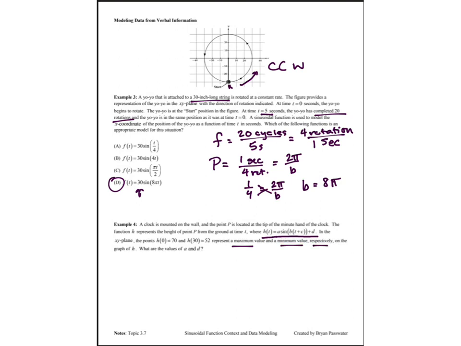Okay, so I want to sketch that out here. I want to have a value at H of 0, comma 70. Right, that means X is 0, Y is 70. That's a maximum. And what I know happens is that it goes down and it bottoms out at 30, comma 52.